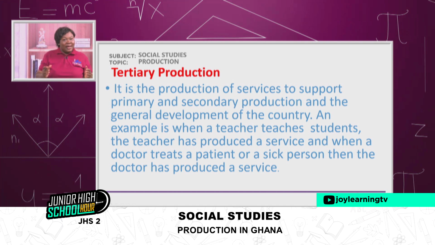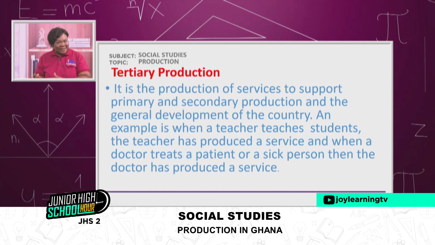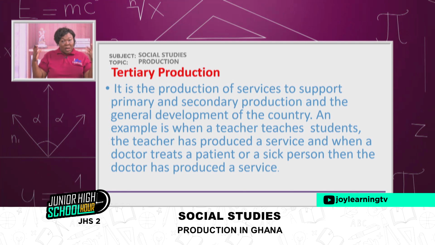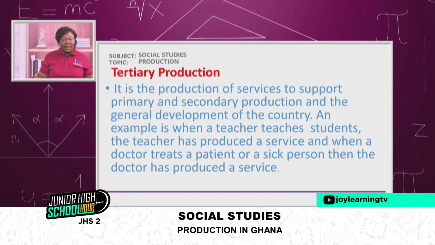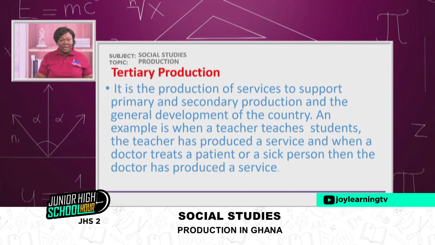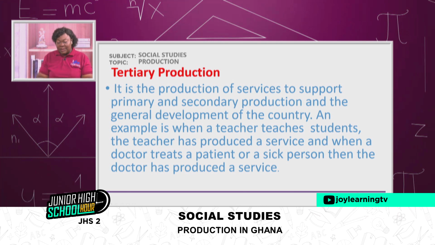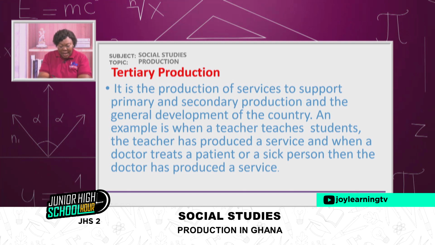So we have Ghana Fire Service because the person is rendering a service to you when fire gets anywhere. The fire service will come in. So we have a lot of services. These are all the tertiary production stage where we need these people and they do this job for us.